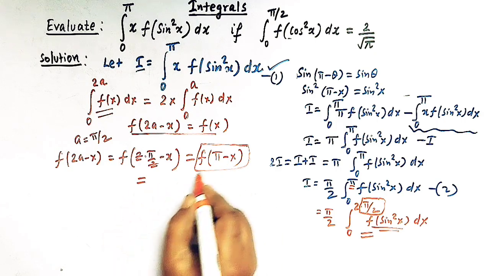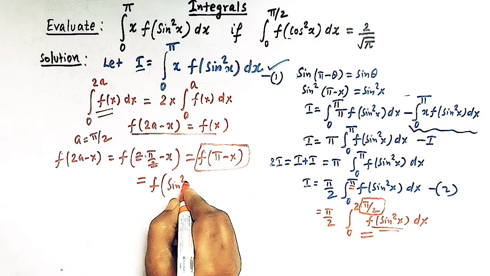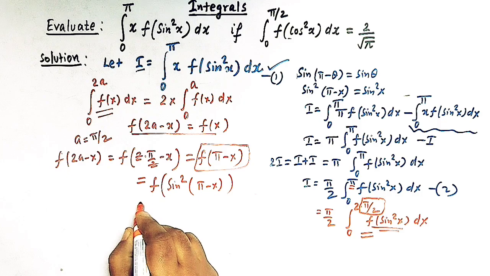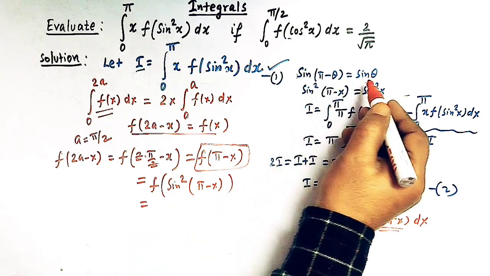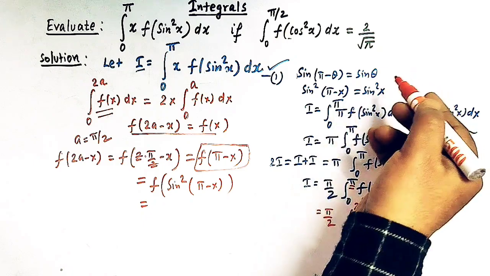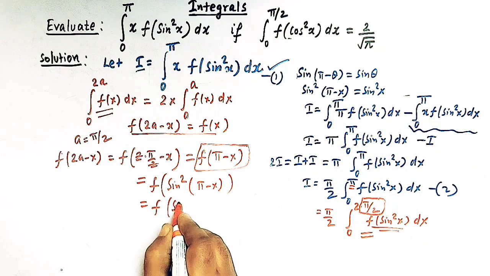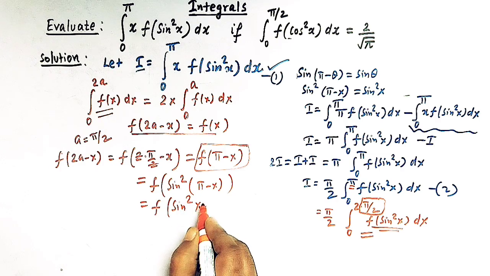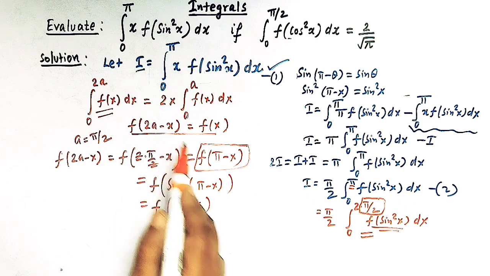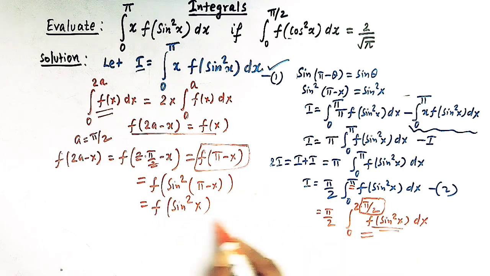So we have here f of sine square pi minus x, right? And sine pi minus theta is equal to sine theta. So sine square pi minus x is again sine square x, right? So we have f of sine square x. So here f of 2a minus x is equal to f of x, that is f of sine square x.